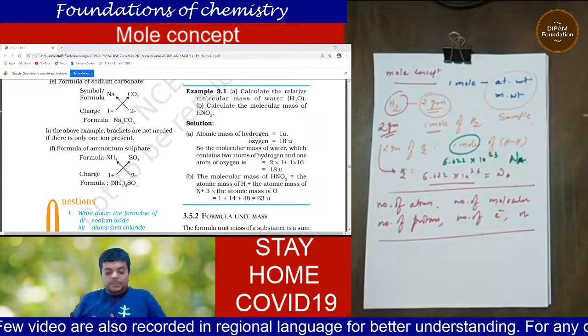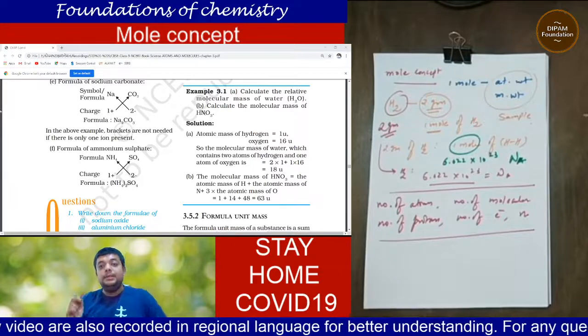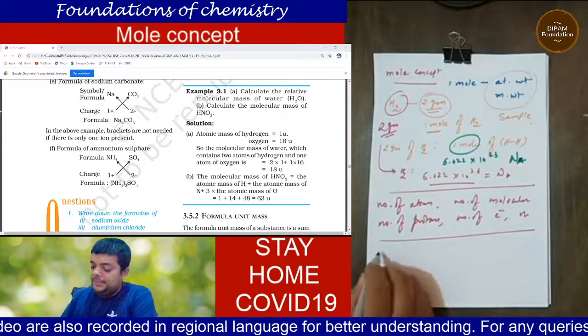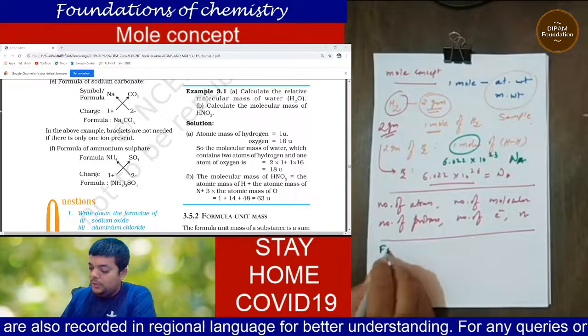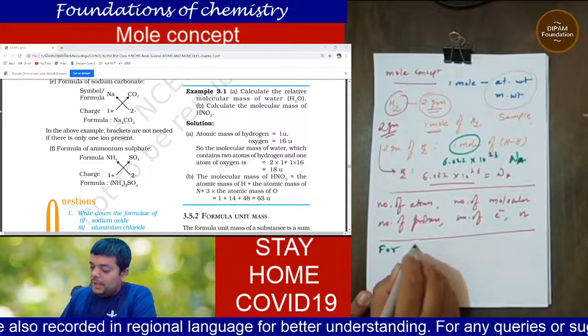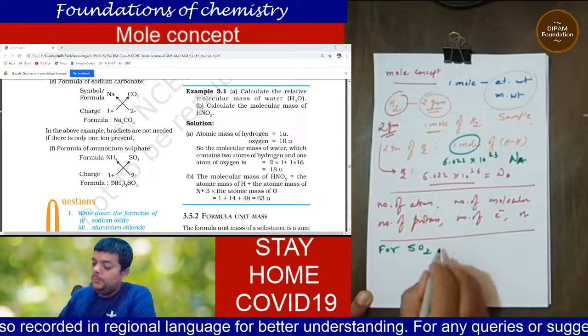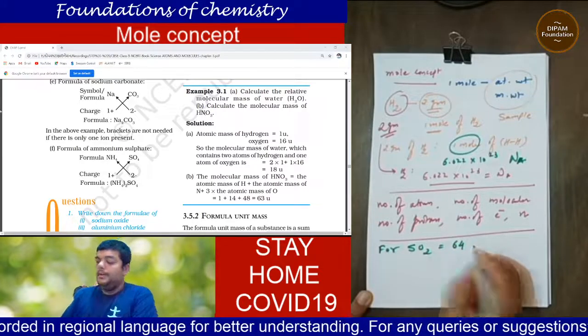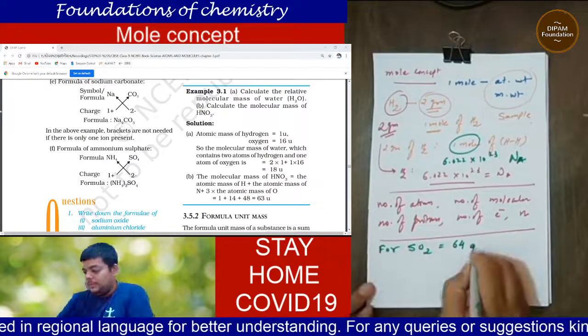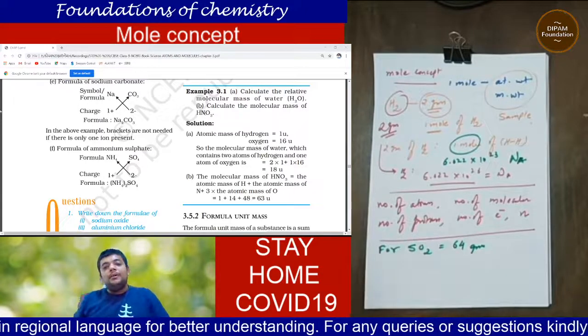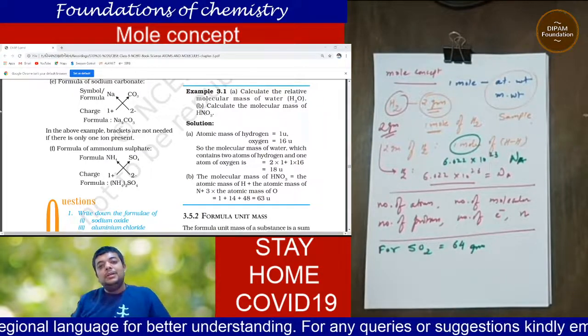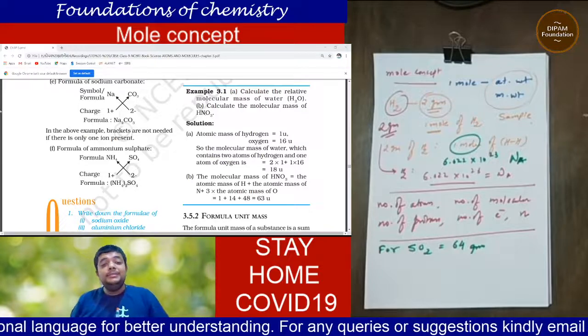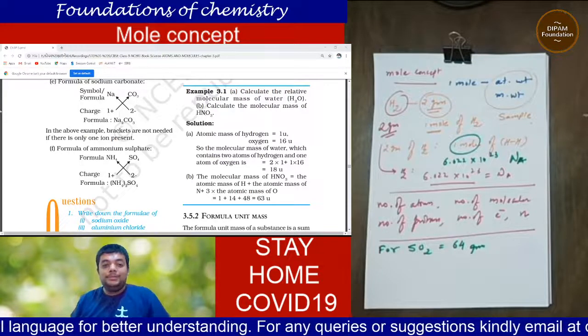So now comes our first typical question. For SO2, which is equal to 64 gram, calculate the number of SO2 molecules, calculate the number of S atoms, calculate the number of O atoms.